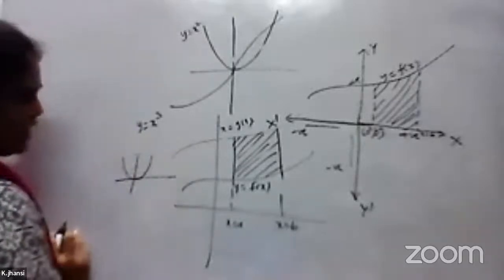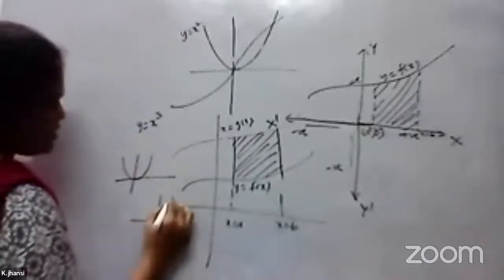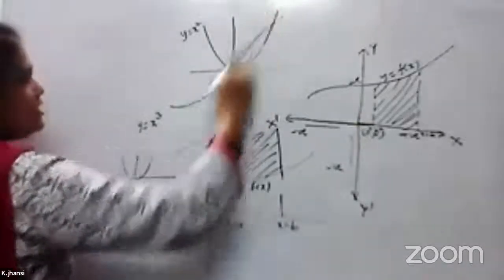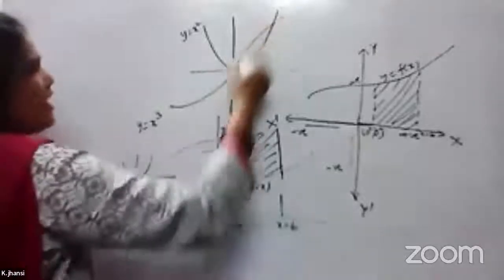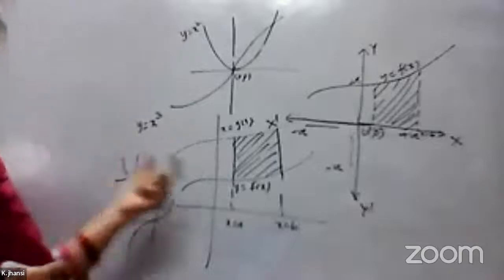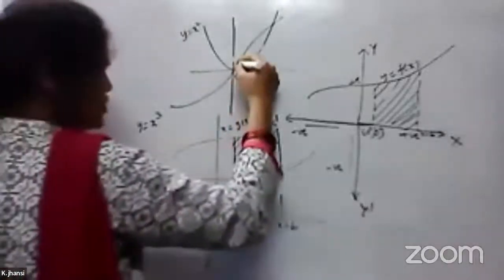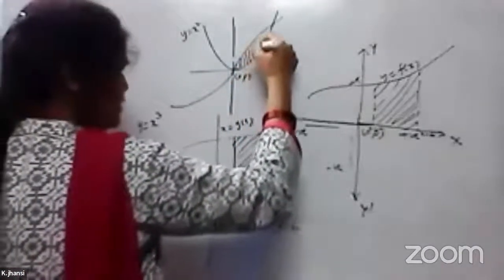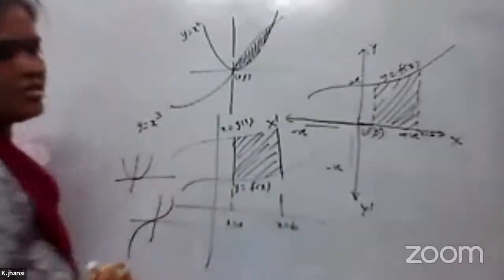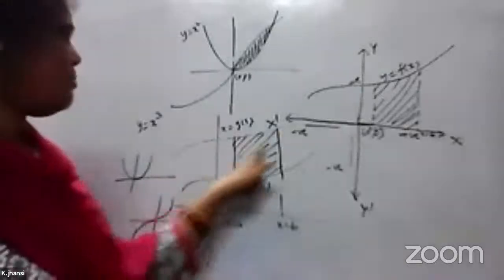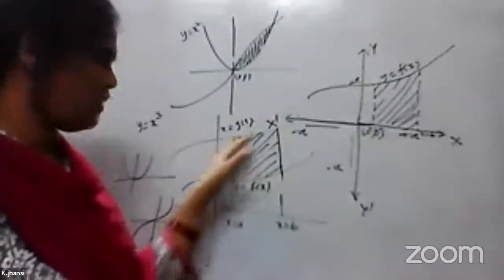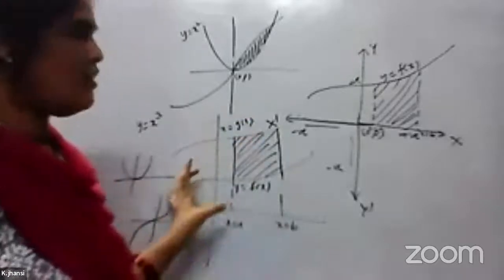The y equals x square diagram is this one, and y equals x cube is this one, if you remember. When you draw like this, both meet here and also at the origin. If they have intersection points, then the region where they intersect is asked to find the area of the given two functions. When they are not meeting at any point, you just have to find whatever area is in between those two functions.